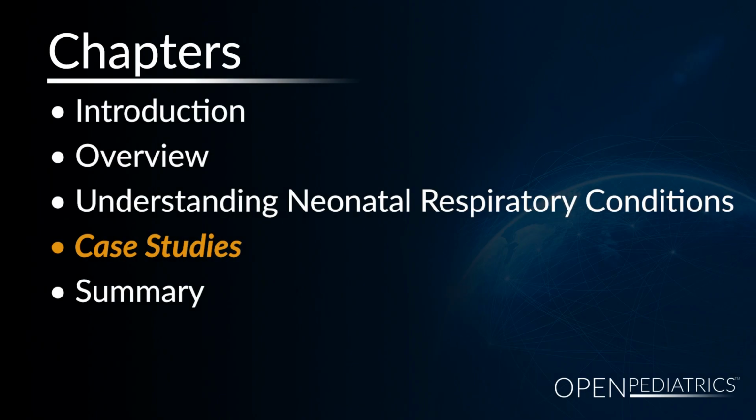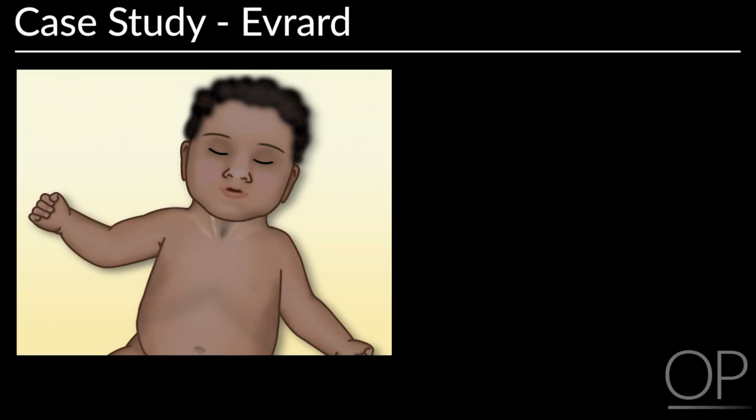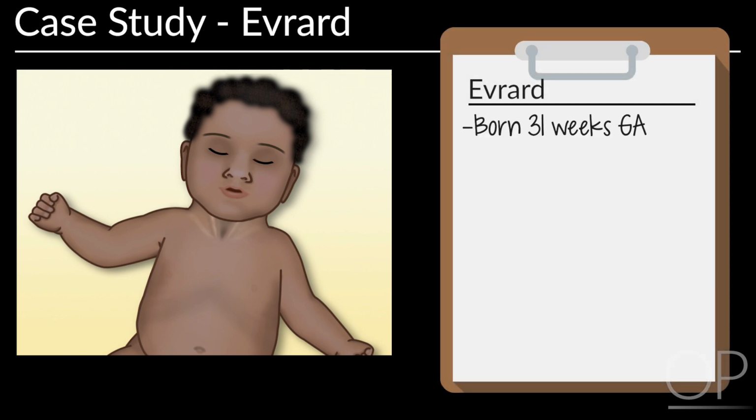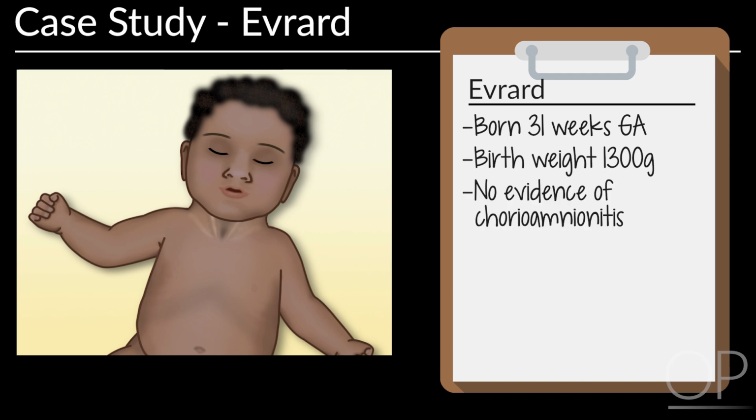Case studies. To review this material, we will practice with a case study on a newborn patient named Everard. He was born at 31 weeks gestational, weighing 1,300 grams. His mother had no concern for chorioamnionitis.